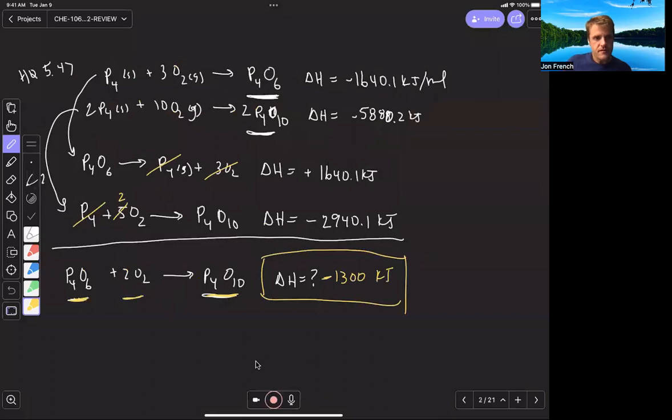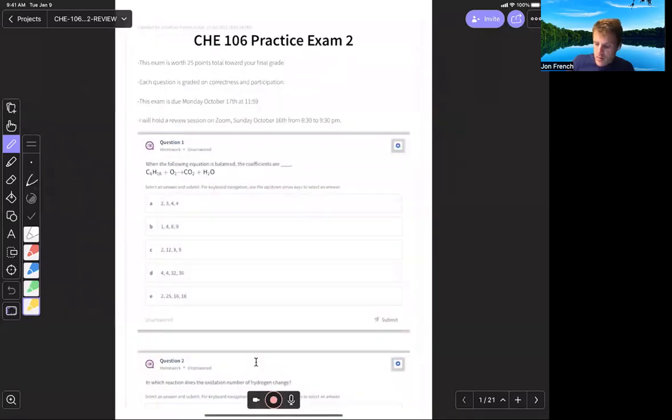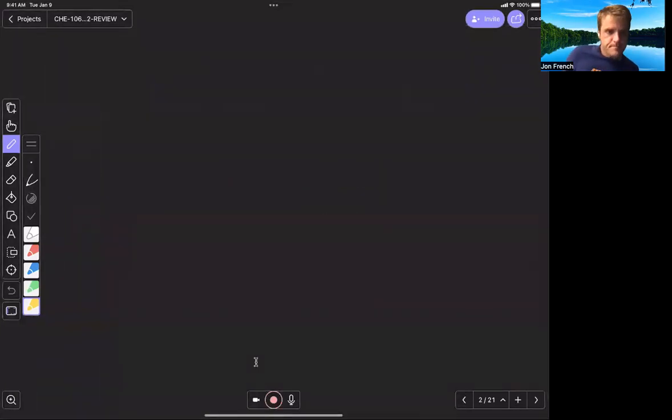All right, question 34. Oh, okay, yeah, 34 is kind of similar to some of the other problems we've done tonight. So HQ 5.34. 0.1625 grams of magnesium.